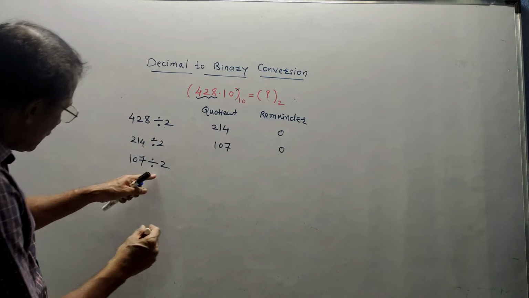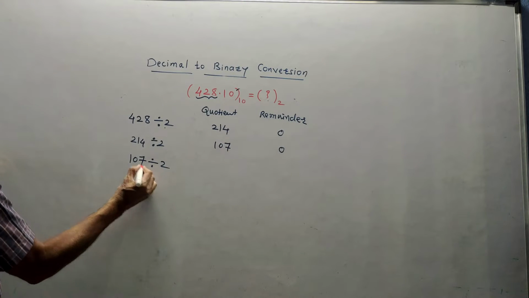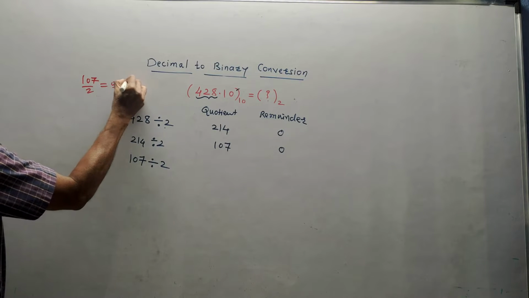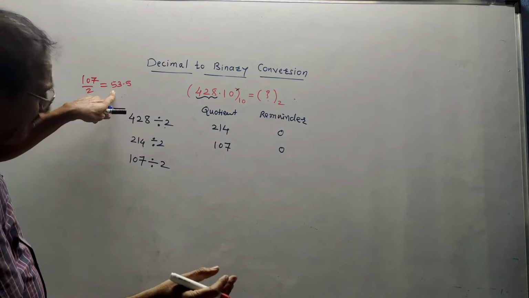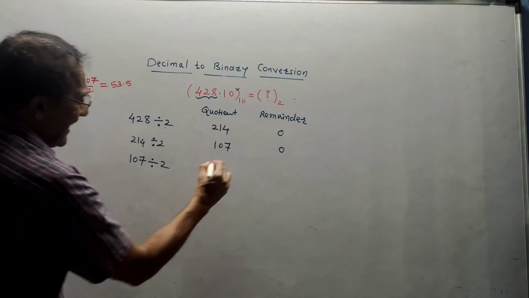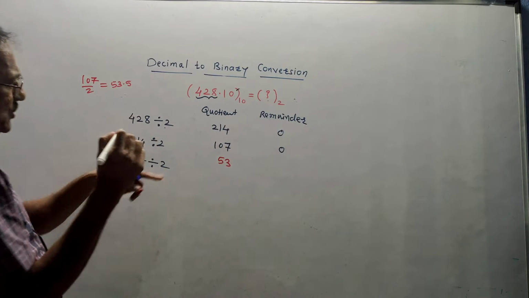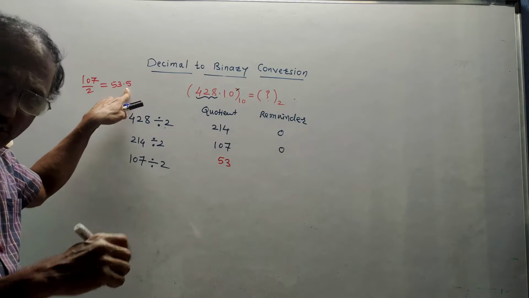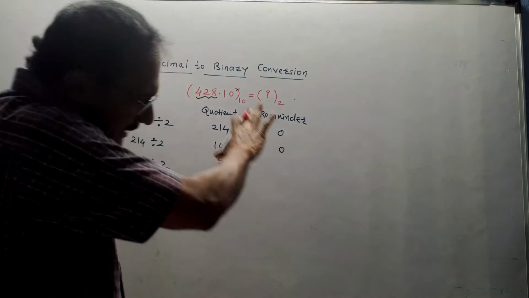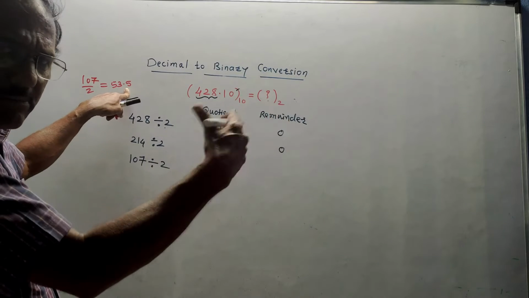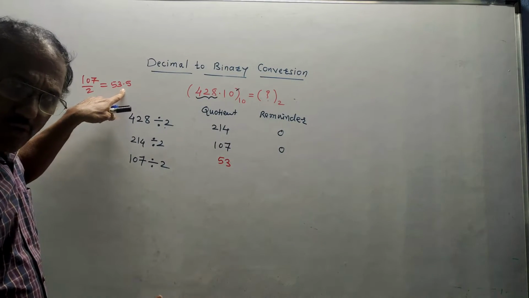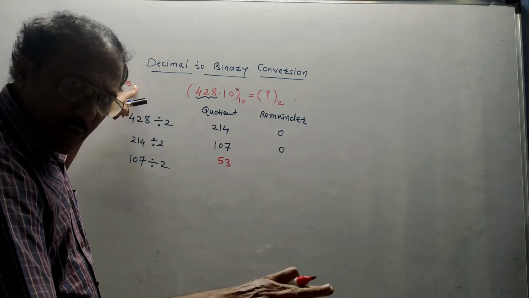If you divide it using the calculator, 107 by 2 is 53.5. So make the thing simple. Write this 53 as a quotient. What is the number after the decimal point? It is 0.5. Multiply it by 2. Presently, this is the simple technique, but do get habituated to working like this. You are getting 0.5. That means number 5 after the decimal point.